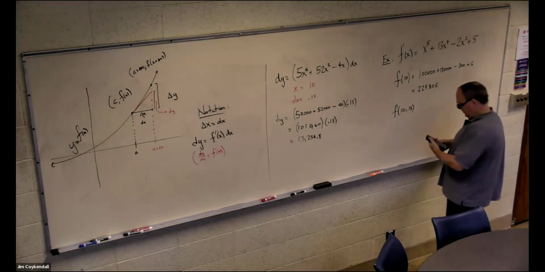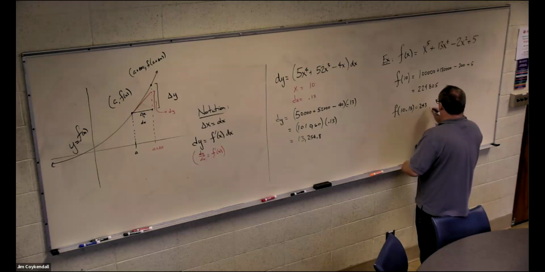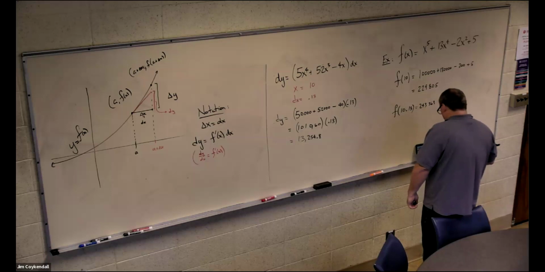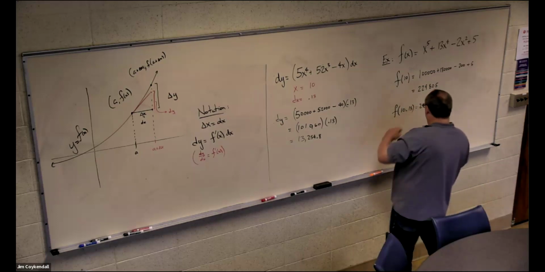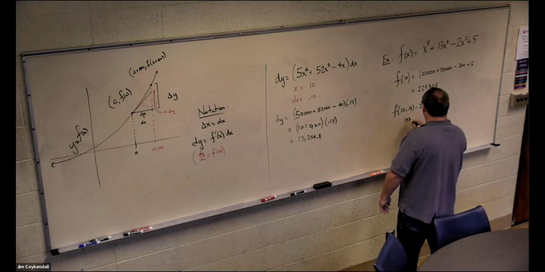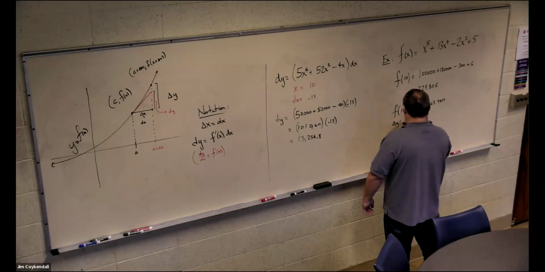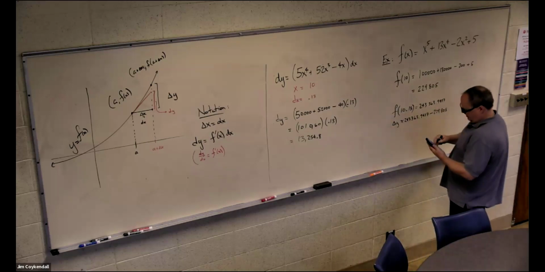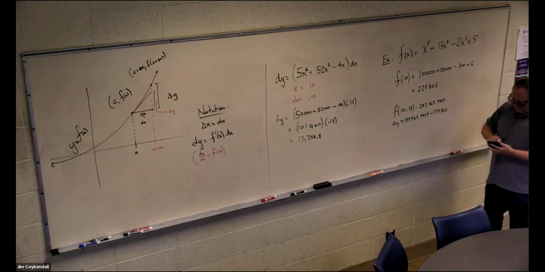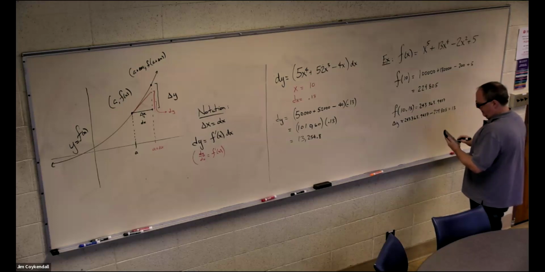So I get this is like 243,363.9437, and so my difference is 243,363.9437 minus 229,805 comes to be 13,558.